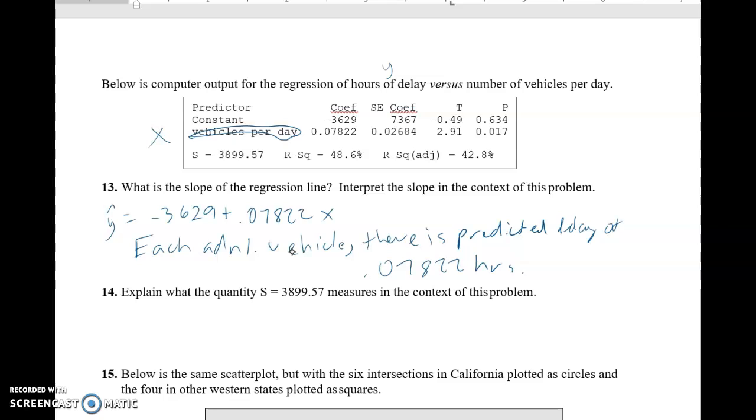And the quantity S, again, that's the standard deviation of the residuals, right?